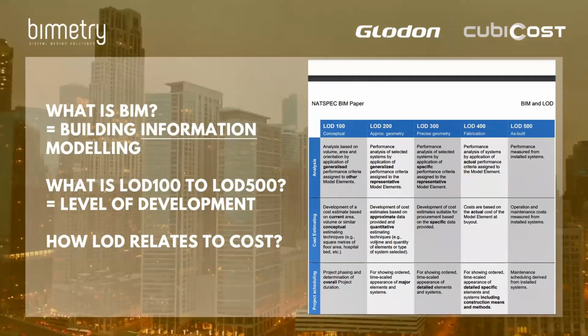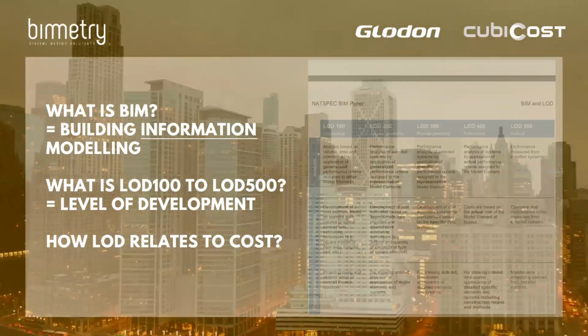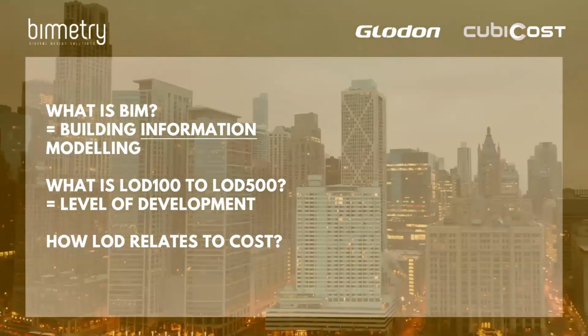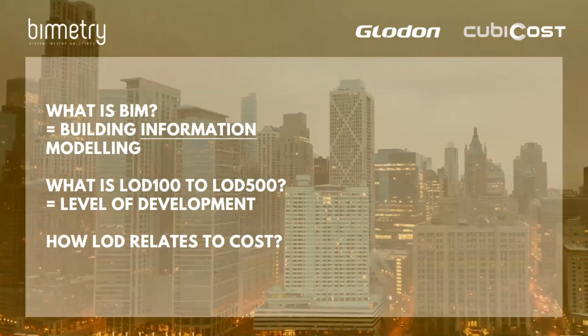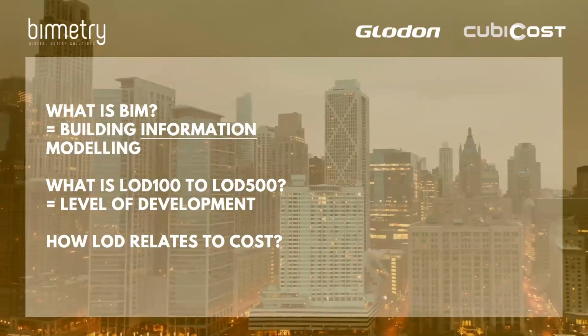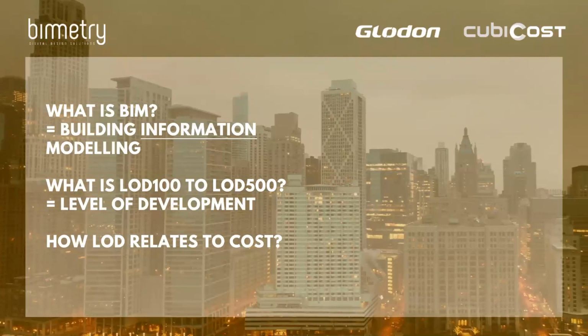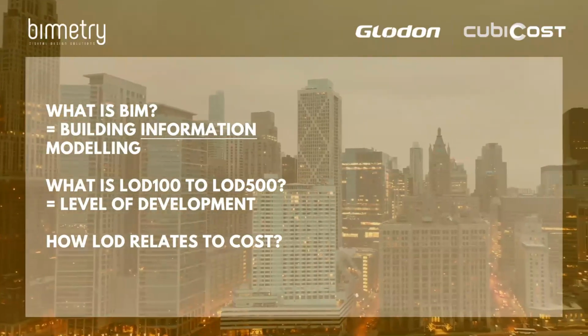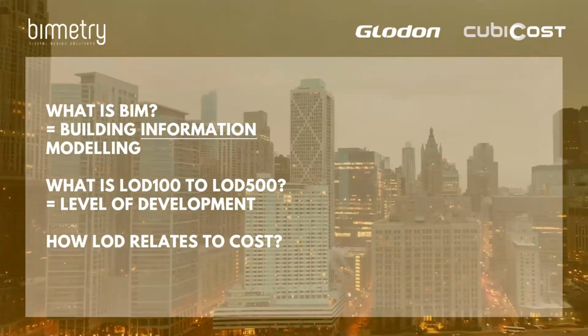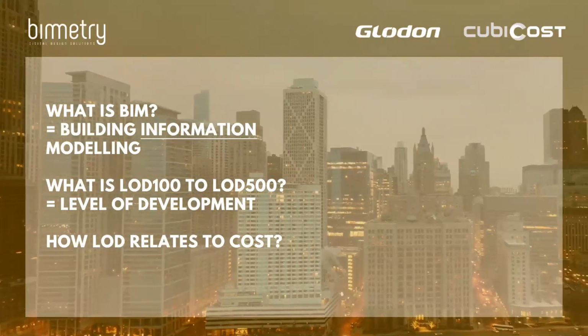Why do we mention all this? Because QS and cost estimation professionals usually get BIM LOD 300 or 350 models, and they might already have some prices filled in by the design consultants. It all depends on the requirements they got when they were doing the BIM models.